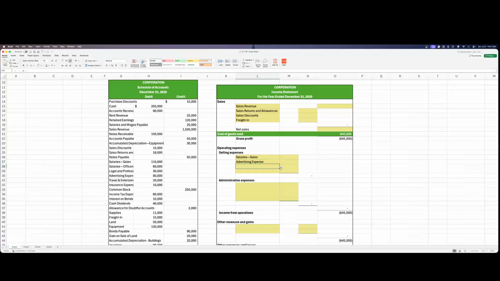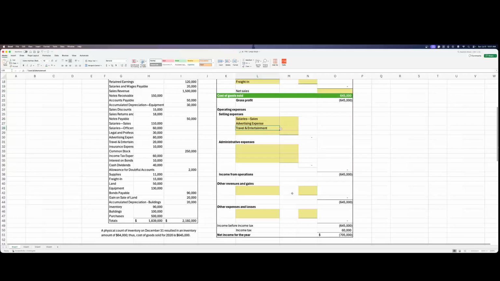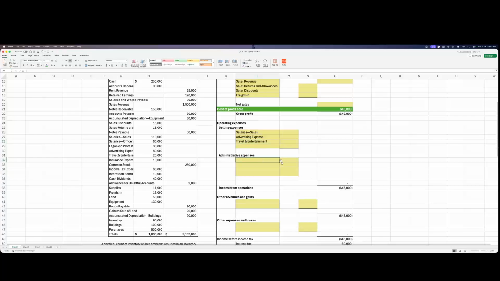Okay, that's going to be something. Travel and entertainment for some odd reason. I guess salespeople travel. Salaries for officers and administrative expenses. Then you have supplies. There's going to be legal expenses as well, professional services.